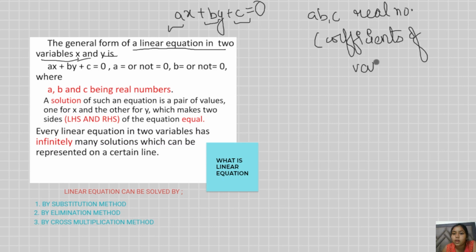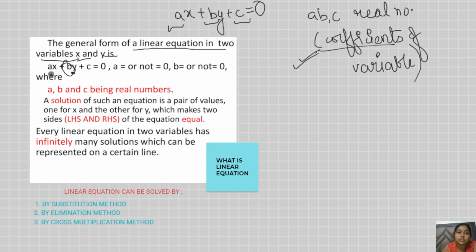If you are not aware of the term coefficient, a coefficient is any constant term which comes beside a variable. For example, the coefficient of x is a, and the coefficient of y is b.